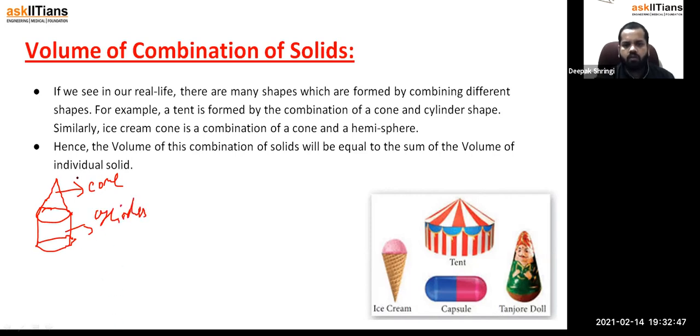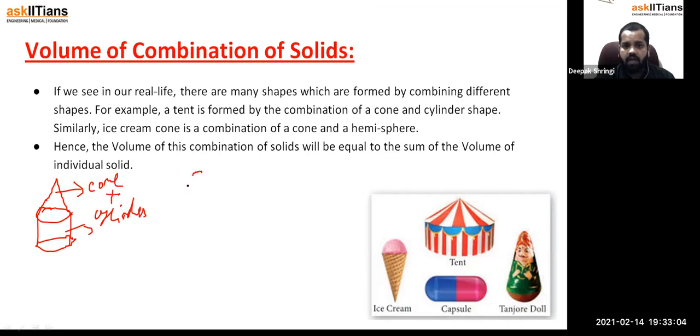If you need to find the total volume of this object, then you have to add the volume of the cone and the volume of the cylinder. Similarly, an ice cream cone is a combination of a cone and a hemisphere.